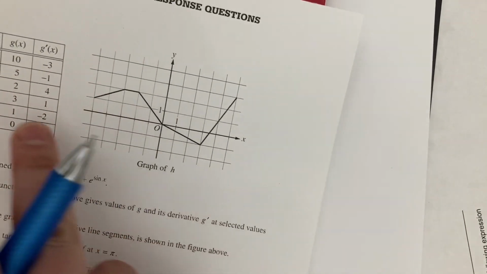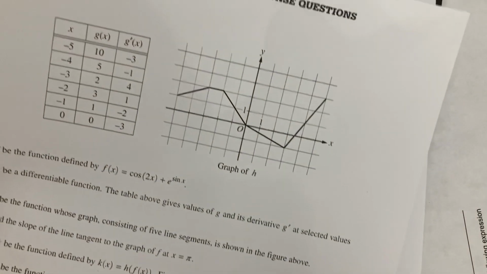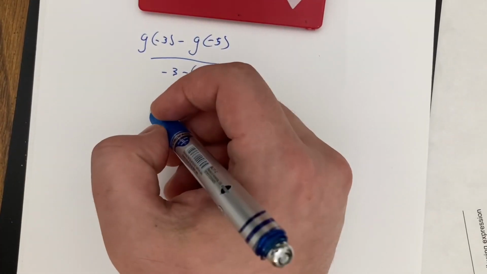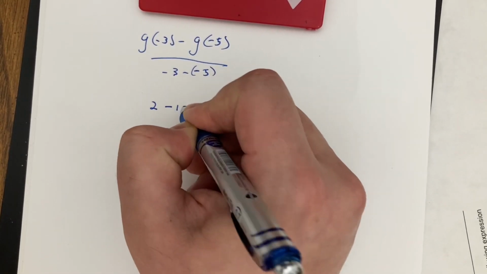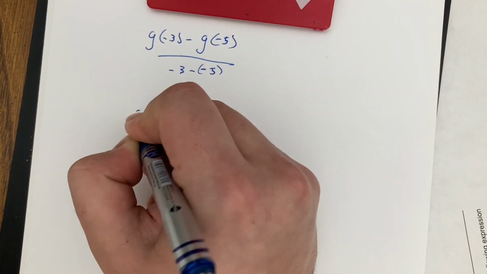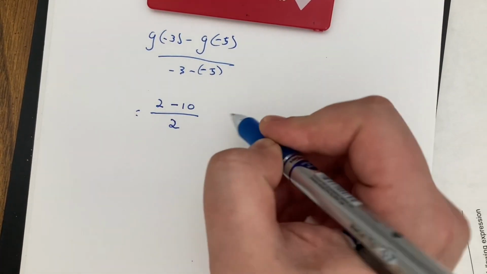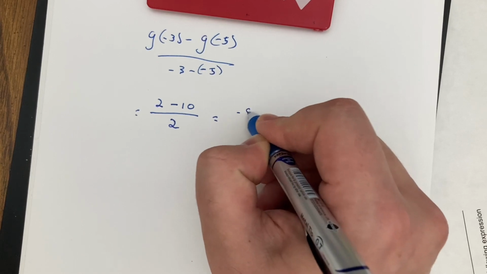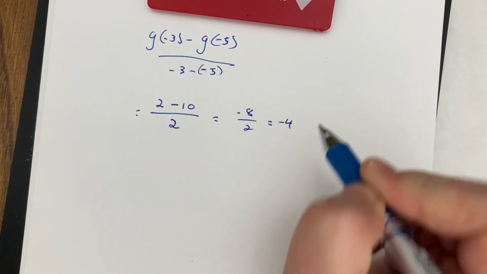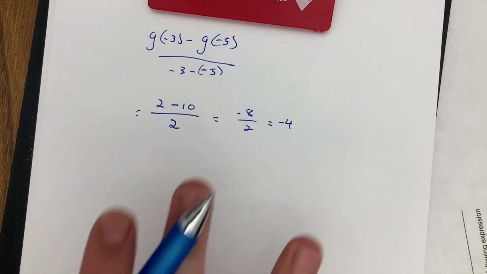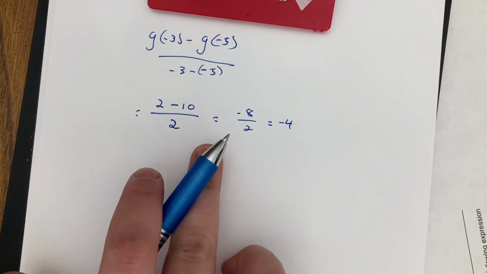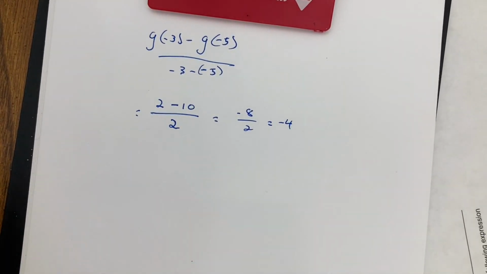Right now, let's just pull these values. g of negative 5 is 10. g of negative 3 is 2. So I get 2 minus 10 divided by 2. 2 minus 10 is negative 8 divided by 2 equals negative 4. All right, so this should work, right? That's just the math. If you get this far, this is worth 1 point on the AP Calc test.